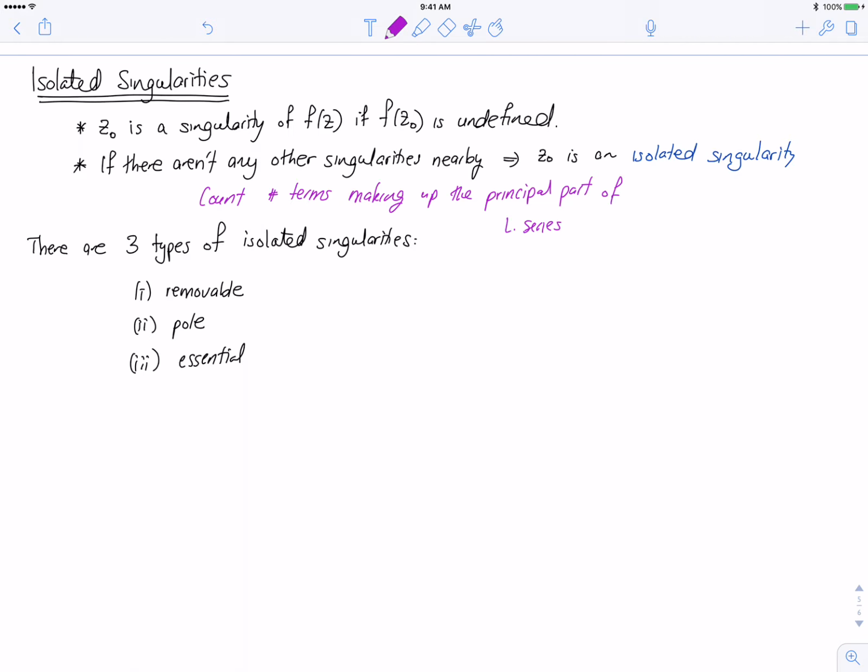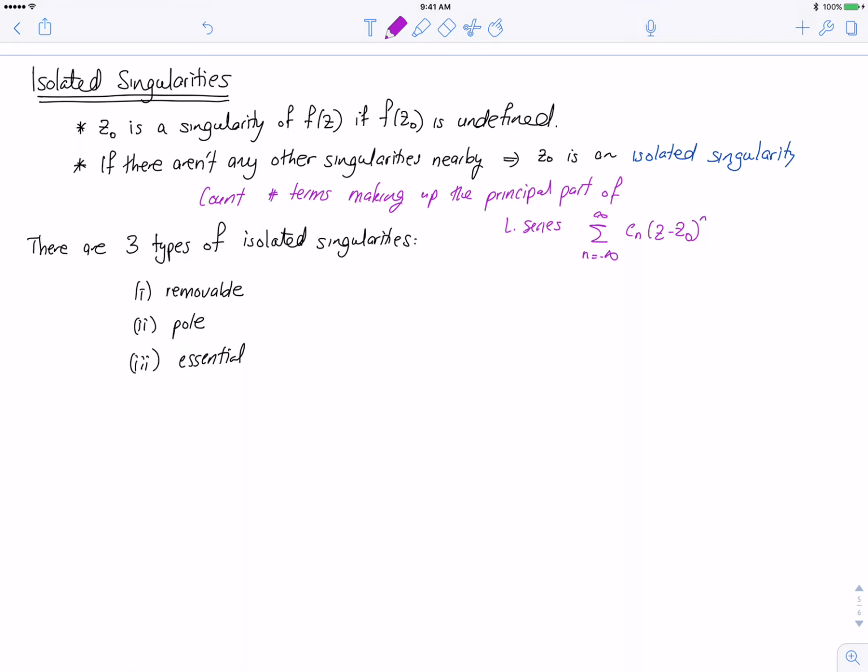so let's say you find a Laurent series at z equals z naught, so you'll get something like this, c n times z minus z naught to the power of n. And then you have a look and see what's the principal part, meaning what's the part where you have negative powers of z minus z naught. And you count how many terms there are in that principal part.